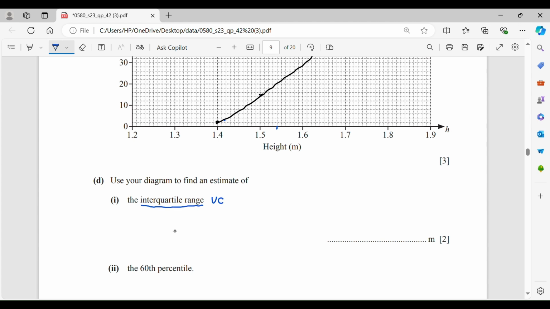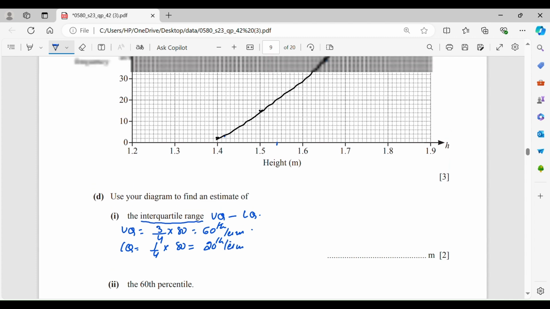The upper quartile will be equal to 3 by 4 of total frequency, which is 3 by 4 into 80, equal to the 60th term, and the lower quartile will be 1 by 4 of 80, which will be equal to the 20th term, right? So let's find the 60th term and 20th term.